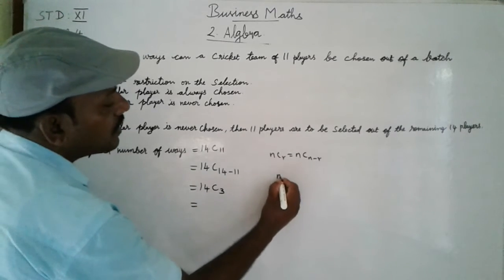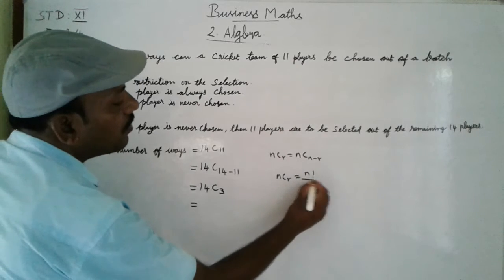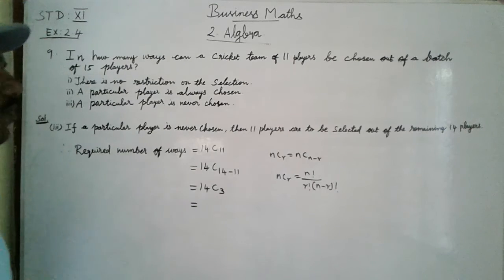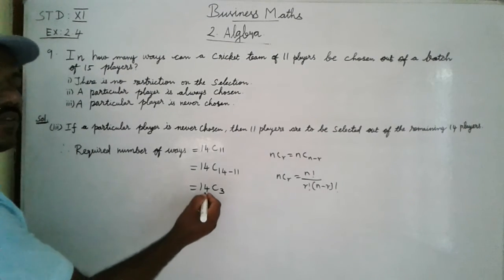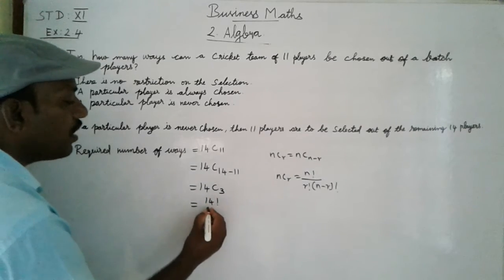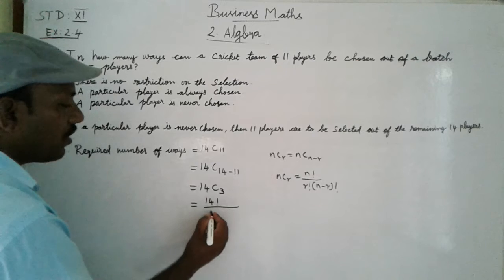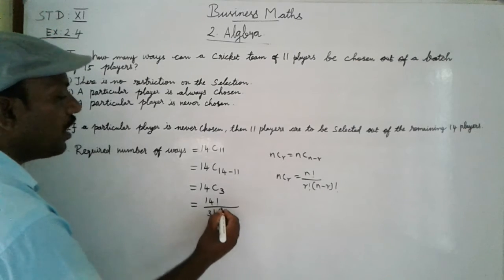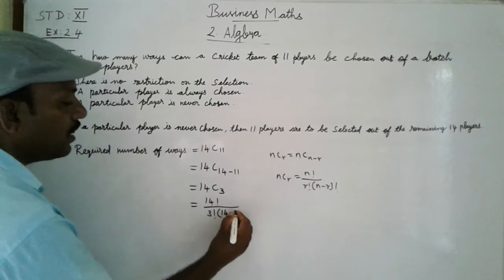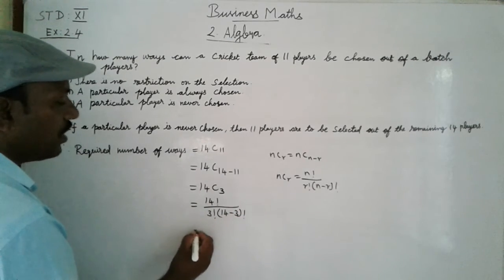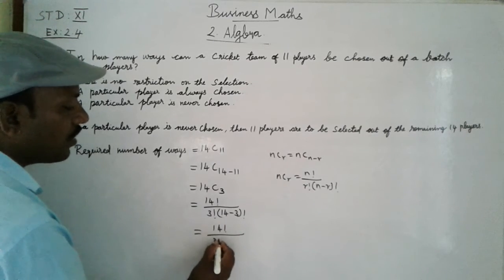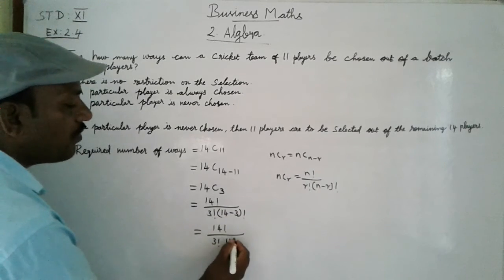We should write nCr equal to n factorial divided by r factorial into (n minus r) factorial, and substitute here. n is 14, r is 3. So 14 factorial divided by 3 factorial into (14 minus 3) factorial, equal to 14 factorial divided by 3 factorial into 11 factorial.